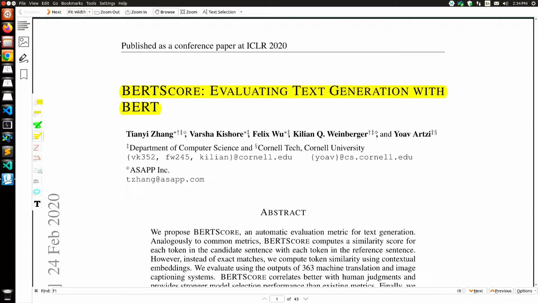The authors of the paper tested it on machine translation and image captioning tasks and found it correlates better with human judgments. Generally, machine translation evaluation is itself a surprisingly difficult task. The reason is that we are not able to explicitly, algorithmically check if two sentences carry the same meaning in all relevant aspects. We know, or at least assume, that people can do this assessment even though they don't know how to do it.